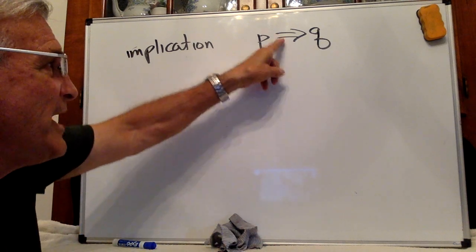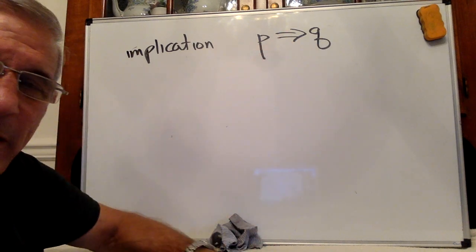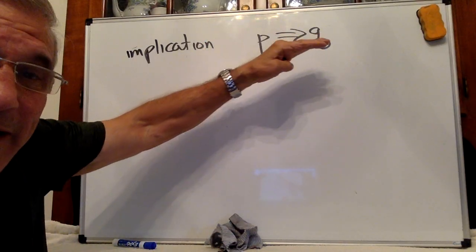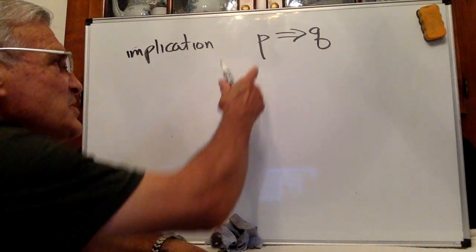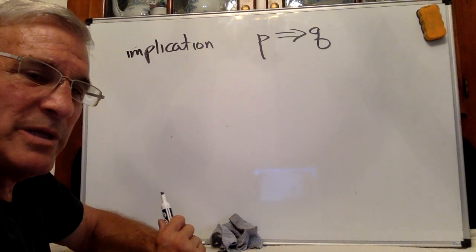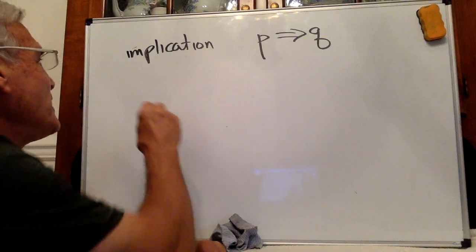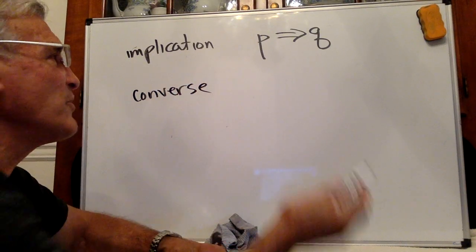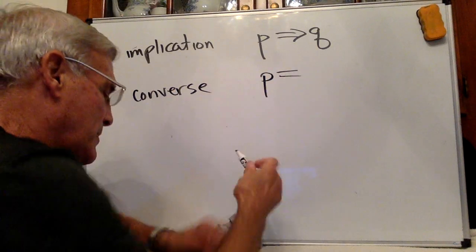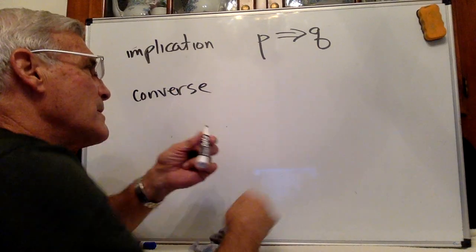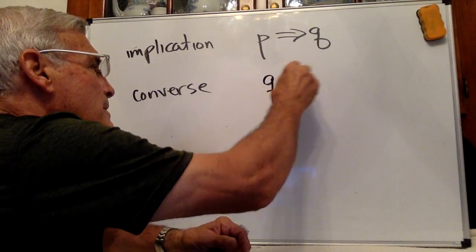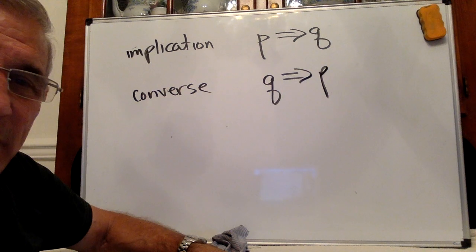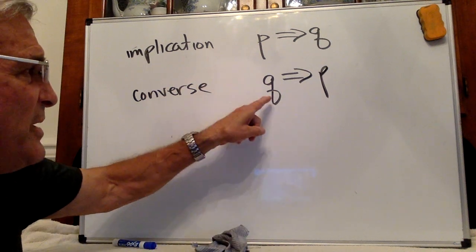If P, then Q. Again, this little equal sign with an arrow means if P, then Q. The then part is always at the end of the arrow, where the arrow is pointing. So if P, then Q. That's your implication. And we've talked about the converse. For the converse, you interchange the if and the then part. So the converse of this statement is if Q, then P.